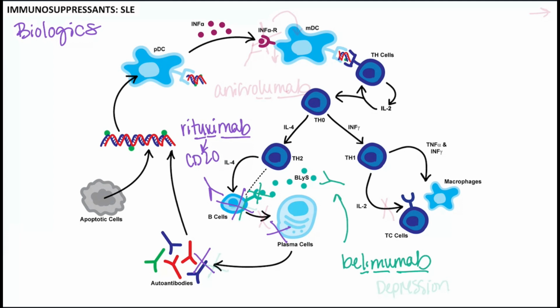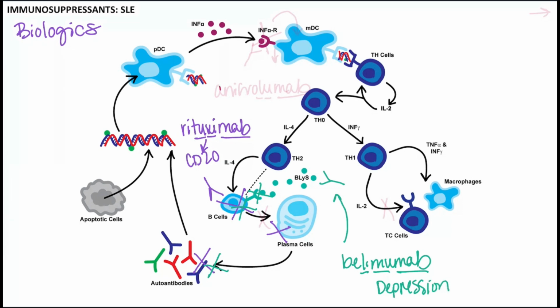So we are essentially depleting the B cell population and preventing their conversion to plasma cells and that autoantibody production. Again, same general adverse drug reaction profile as other immunomodulatory monoclonal antibodies, in addition to the risk of depression.